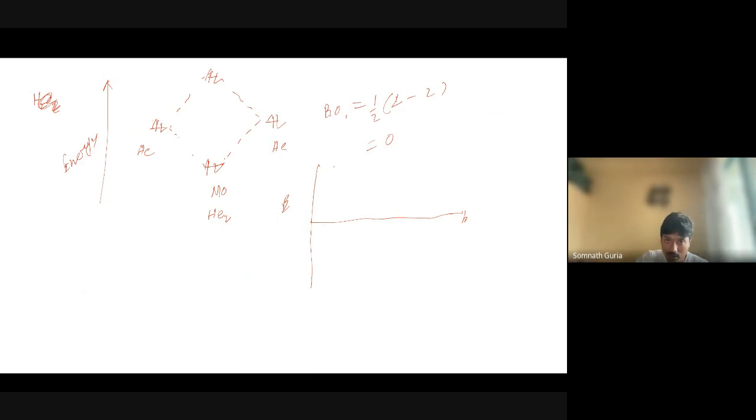We have helium here, this is helium. Now let me change the color, and the helium plus is this, as the bond order is half.